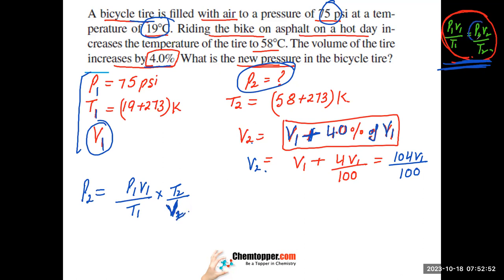I'm just isolating this P2. Naisha, mathematics, right? Isolate this P2 which you want to calculate, the new pressure. Plug in the values. What is P1? 75 psi. What is V1? V1, I don't know, V1 only. What is T2? This one. How much is this?